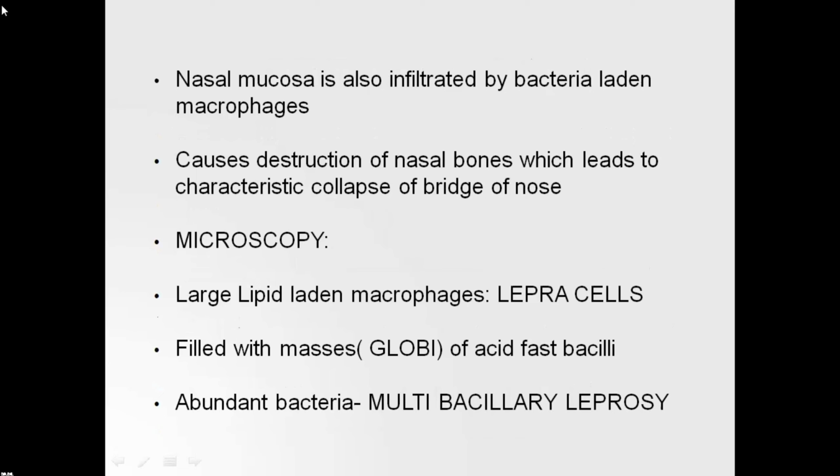On microscopy of leprosy, there are large lipid-laden macrophages, lepra cells, filled with globi of acid-fast bacilli, abundant bacteria, multibacillary leprosy. So you will find a granuloma that is lepromatous leprosy.